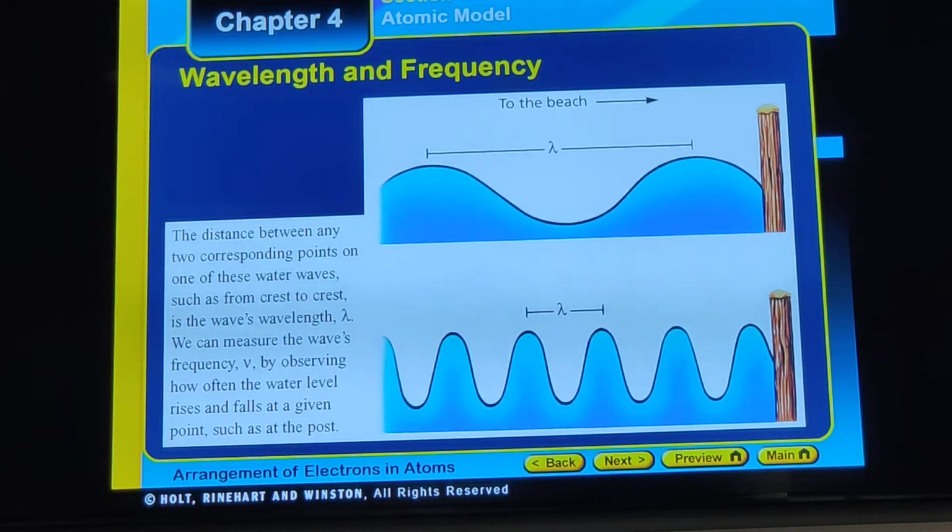If you have really tiny waves, like ripples, a lot of those will go by in a second, won't they? As opposed to ocean waves that have really long wavelengths. So they're inversely proportional to each other.